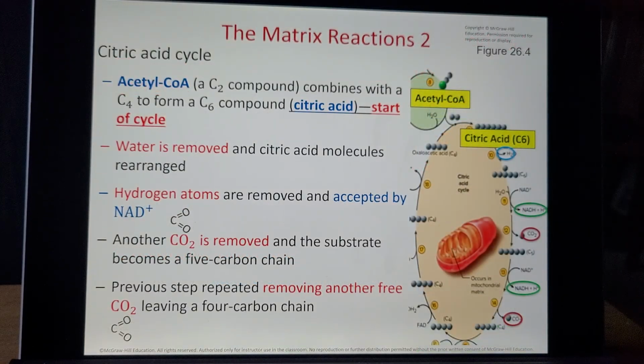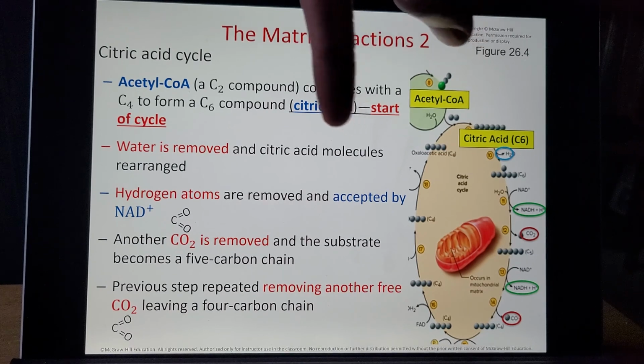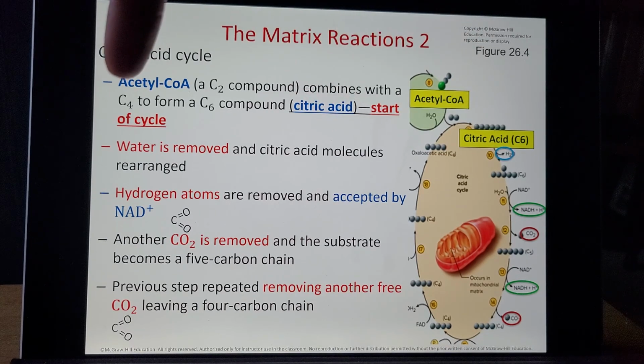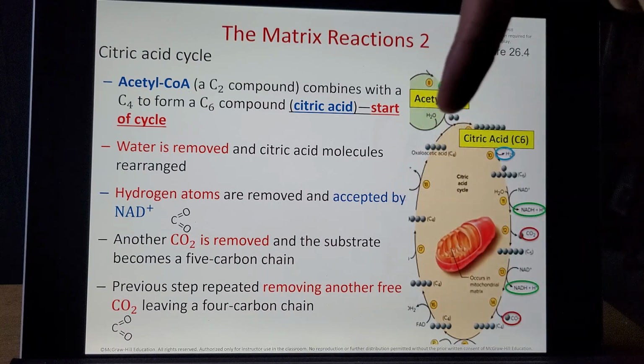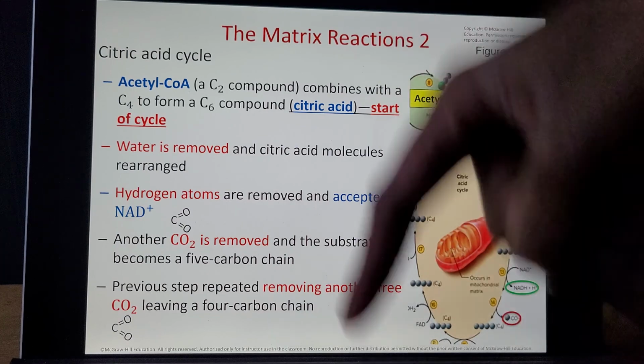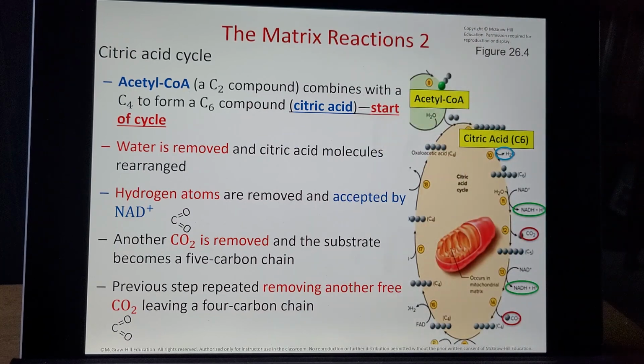When that 2-carbon acetyl-CoA binds to oxaloacetic acid, the C4 one, you always end up with that last 4-carbon molecule in this whole process. You just keep going around and around. You still end up with that 4 every single time. So you just snatch off 2 carbons and stick them onto that 4-carbon molecule to make citric acid so you can start the cycle.